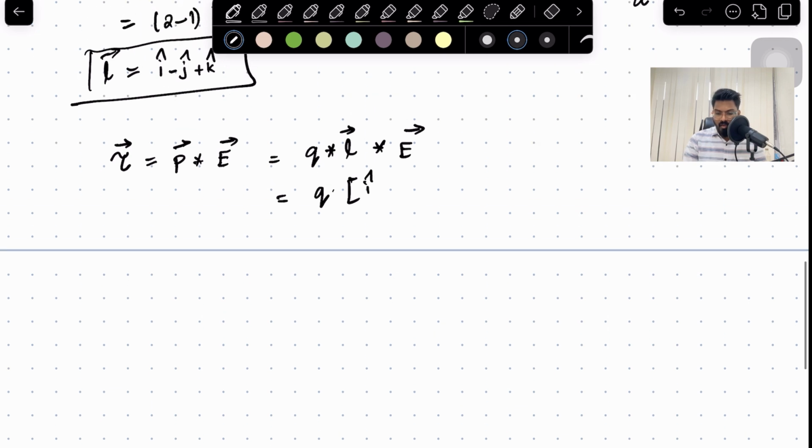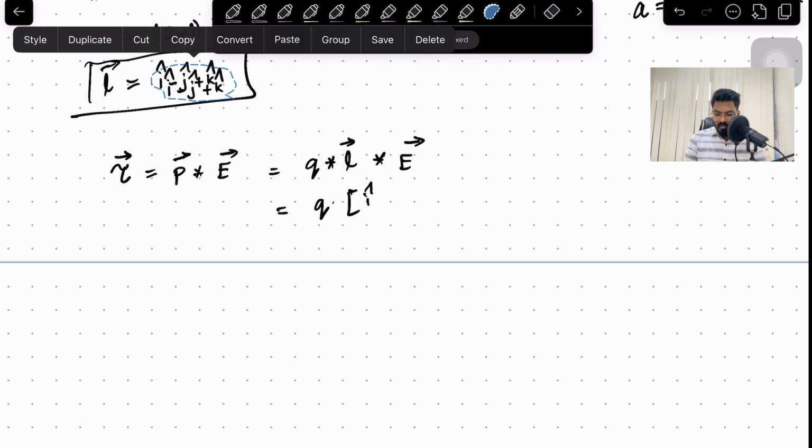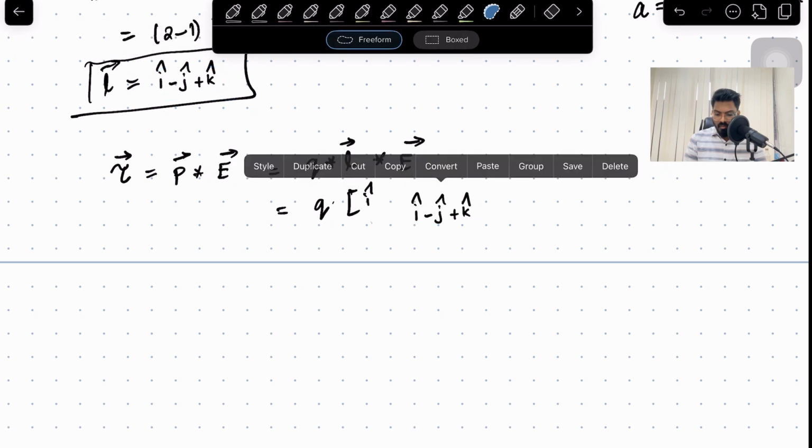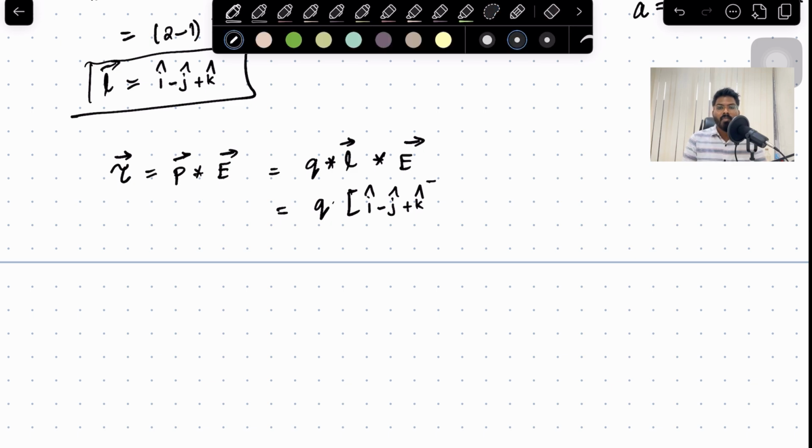So we have the value here, right? So we duplicate it. And E vector. So what is E vector?